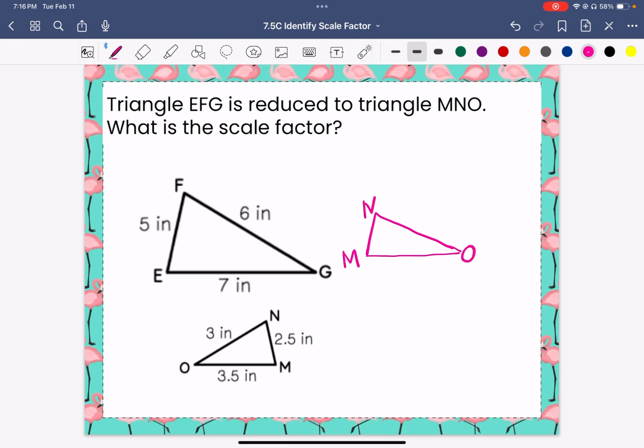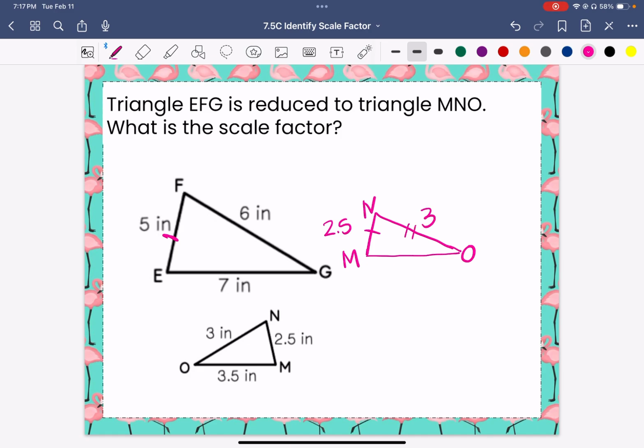I always recommend kids use patty paper. I always provide that in my class. You would trace the small triangle and then make it fit in the large triangle. And then you could see that MN corresponds to EF. The dimension of MN is 2.5, and the dimension of NO is 3.